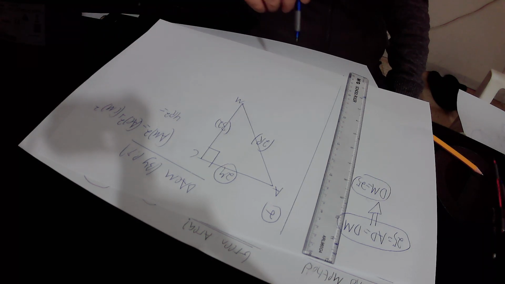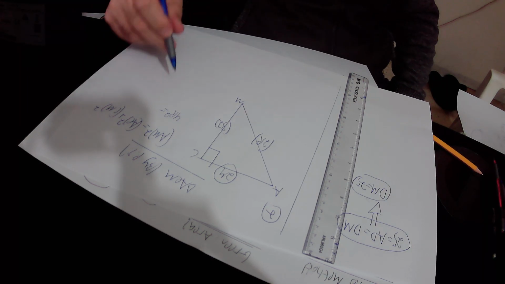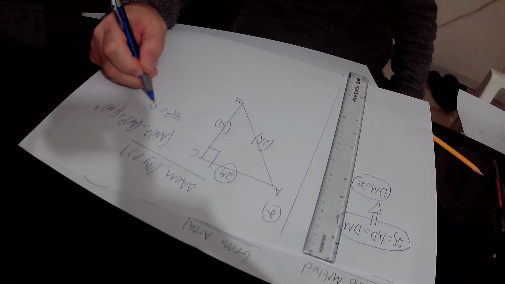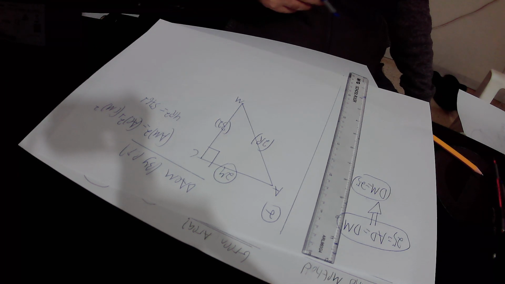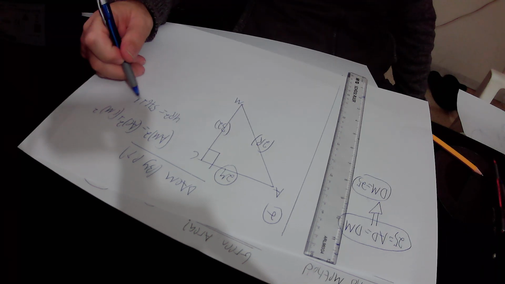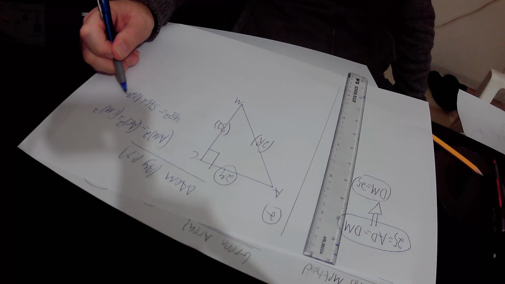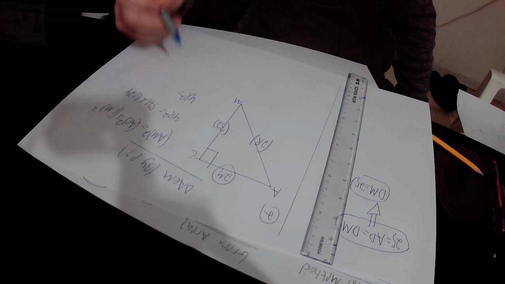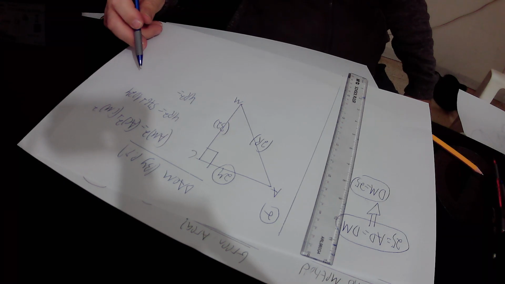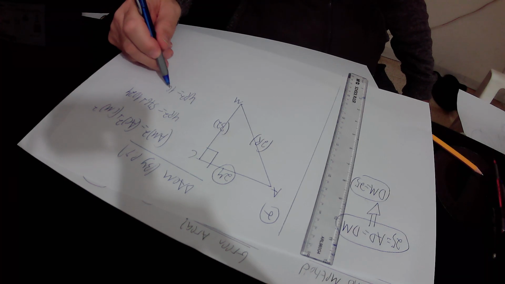AC is 24, therefore AC squared is 576, plus CM squared. CM is 32, therefore CM squared is 1024. In conclusion, 4r squared equals 576 plus 1024, in total 1600.